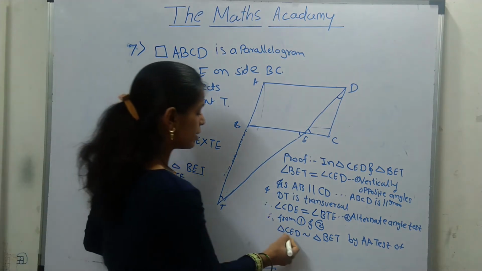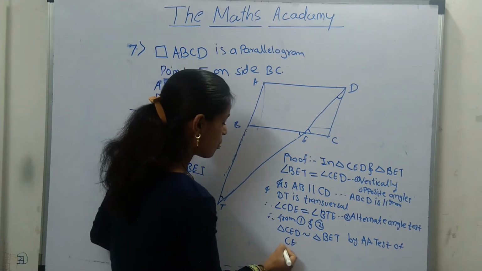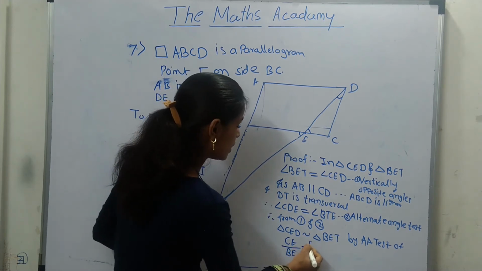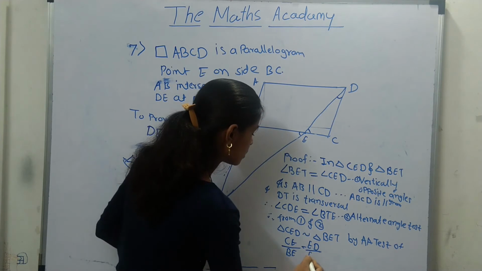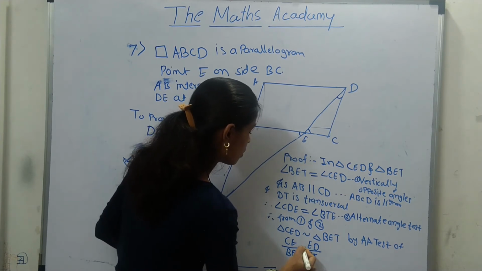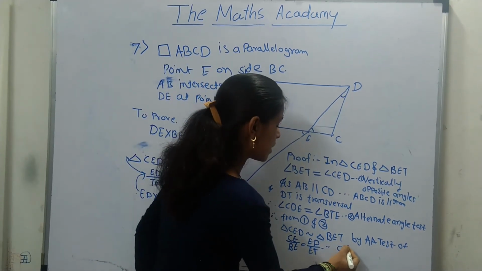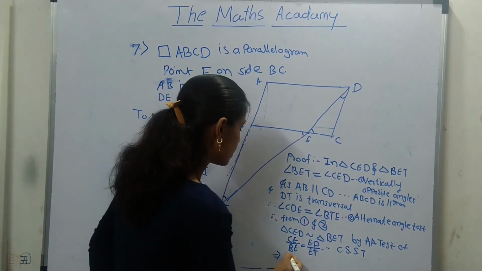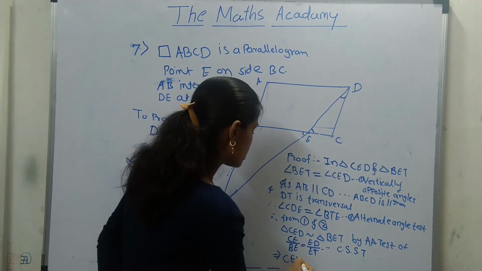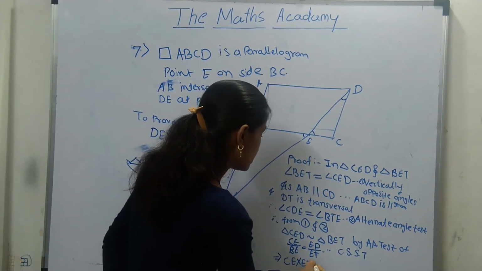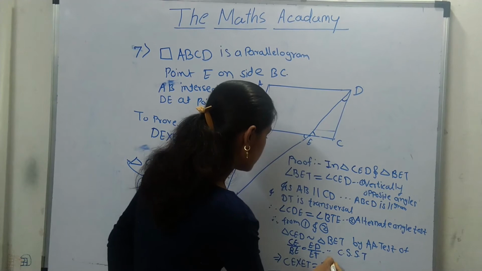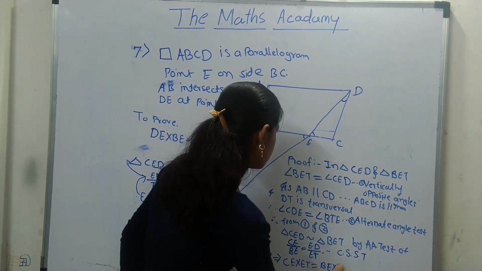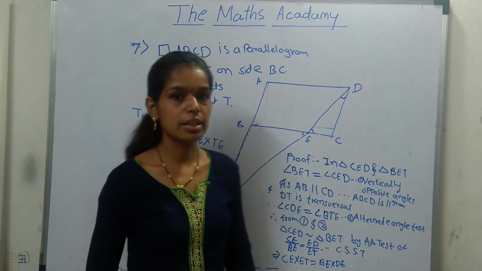So we will write here that CE upon BE is equal to ED upon ET, corresponding sides of similar triangles, and therefore by the cross multiplication we will get CE multiplied by ET is equal to BE multiplied by ED, and hence the result.